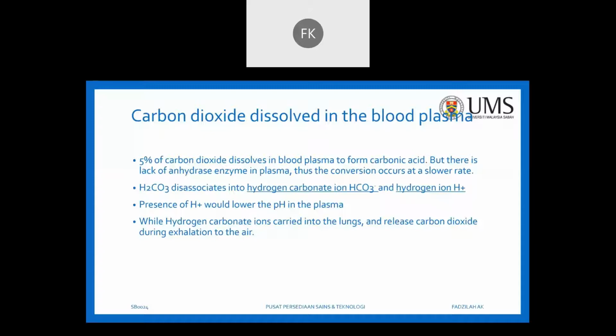While hydrogen carbonate ions are carried into the lung and release carbon dioxide during exhalation to the air. Okay, the same thing. It will release the carbon dioxide into the air. But the efficiency is low due to lack of anhydrase enzyme.